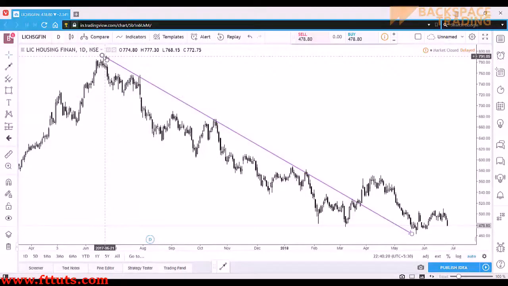Starting from here: high, low, lower high, lower low, lower high, lower low, lower high, lower low, lower high. It didn't break it. Lower low, lower high, lower low, lower high. It's hardly an equal low, but lower high, lower low, lower high, and lower low.